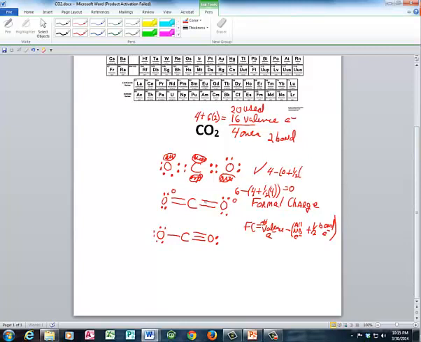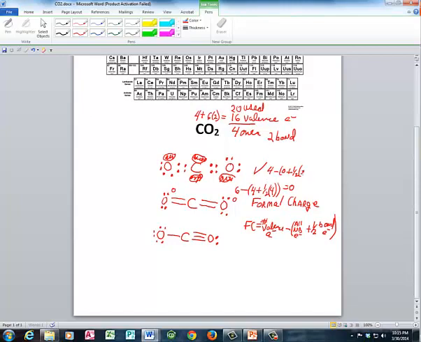If we look at the bonding electrons, 2, 4, 6, 8 bonding electrons, so that's going to be 1/2 of 8, which is 4. 4 minus 4 is 0. So the formal charge on this carbon is 0.